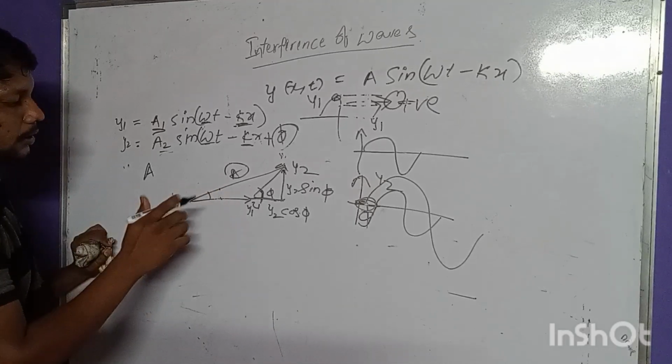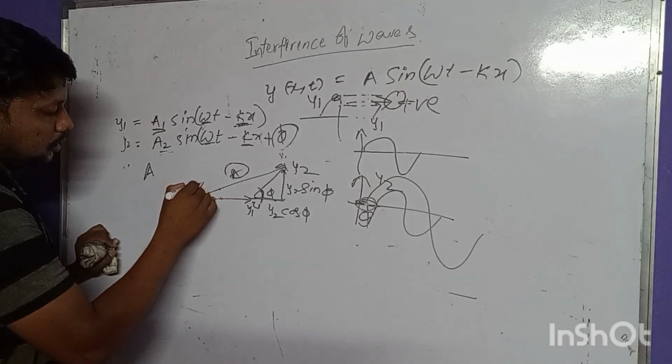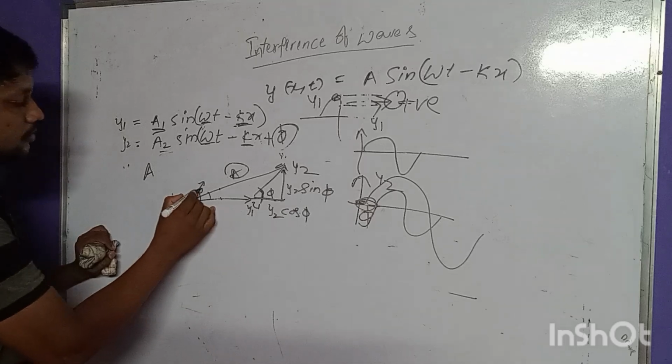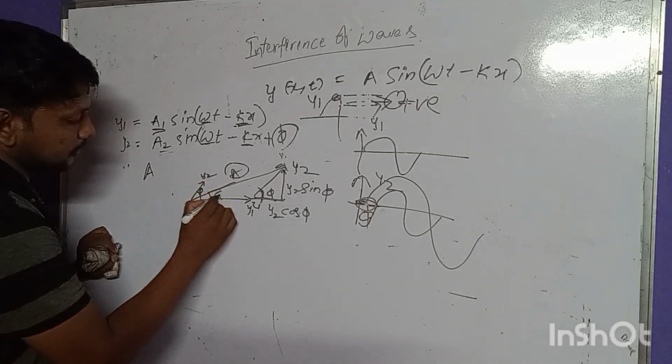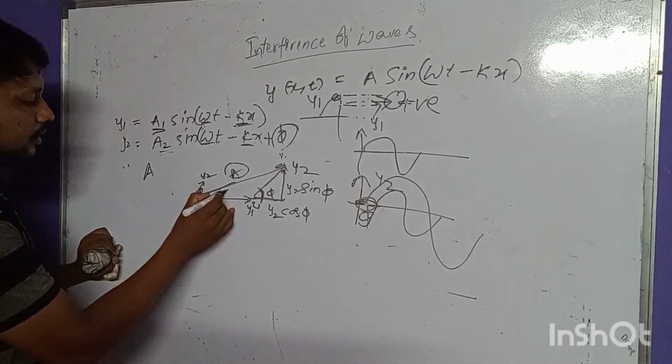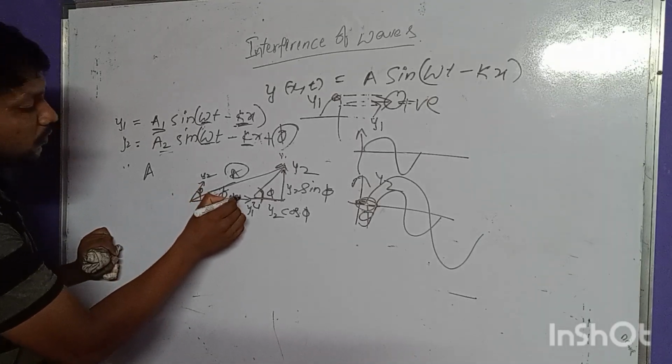Now this is phi, sorry, this is y1, y2, this is the resultant phi nu.